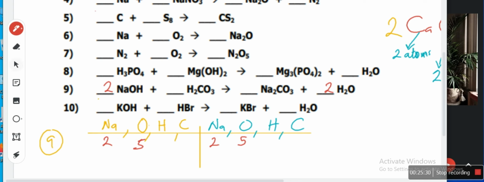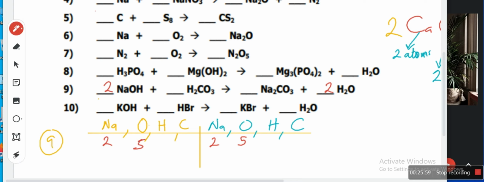We go to hydrogen. Hydrogen, how many are there? We have 1 here times 2, which is 2. And then 2 here. So 2 plus the 2 in sodium hydroxide, 2 in hydrogen carbonate, plus the 2 in sodium hydroxide gives us 4.